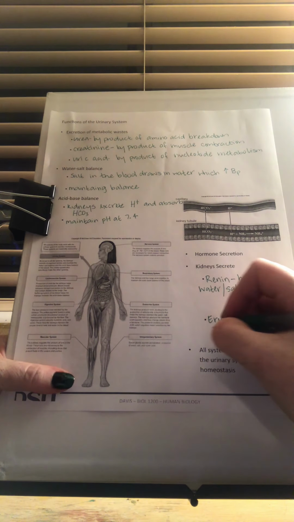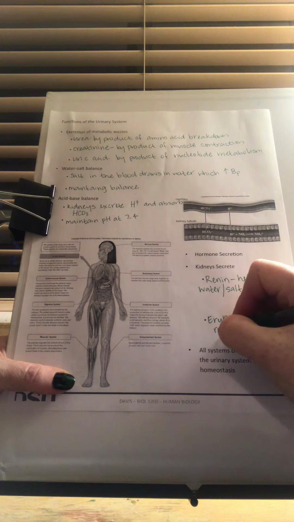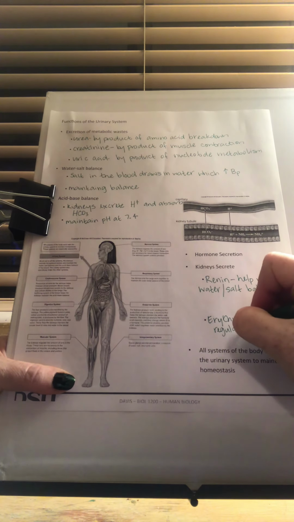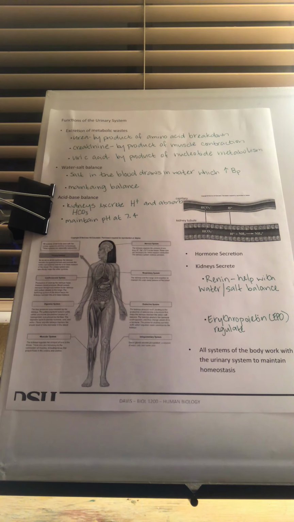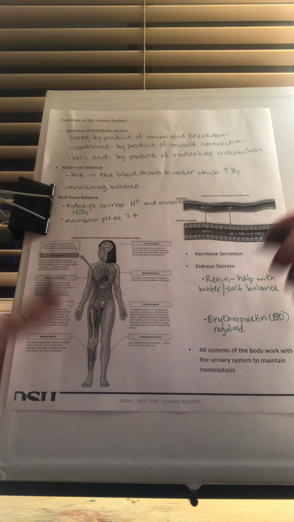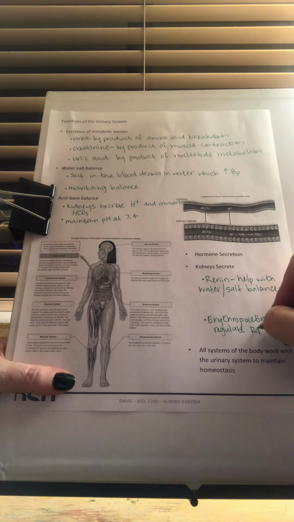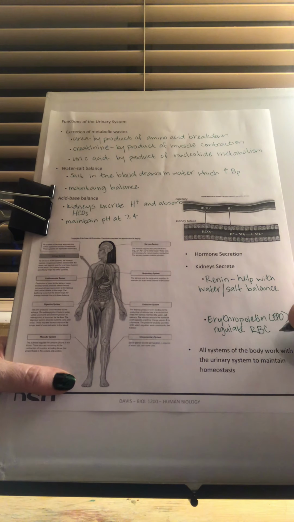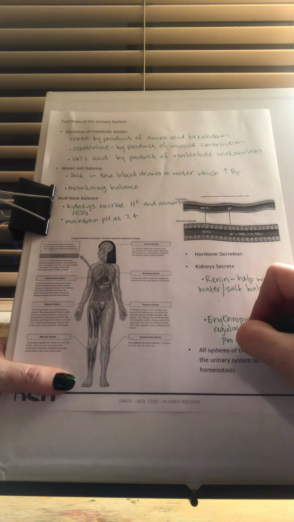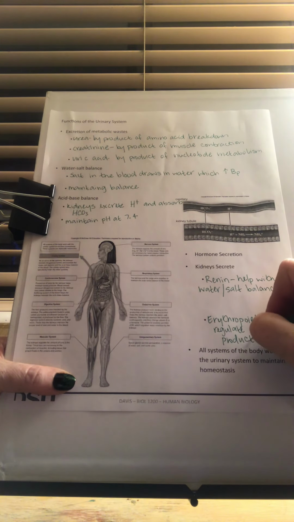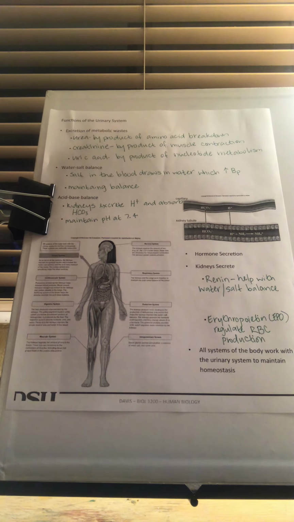And so the kidneys actually will regulate this, meaning that they have a huge role in how many red blood cells are being produced. RBC, red blood cells. Okay. And then all systems of the body work with the urinary system to maintain homeostasis, which is what I was showing you over here in this. All right. Let's go to the next part.